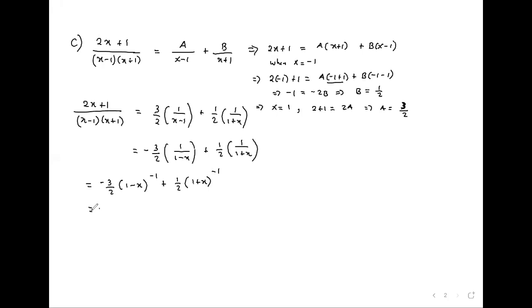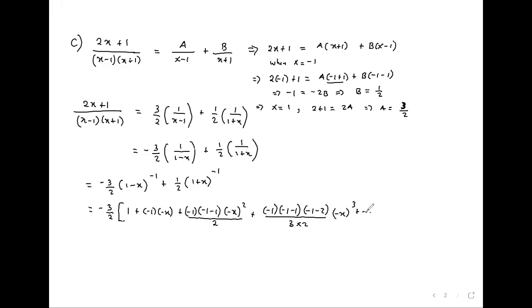So we have negative 3 over 2, open 1 plus negative 1 multiplied by negative x plus negative 1 minus 1 multiplied by negative x squared over 2 plus negative 1, negative 1 minus 1, negative 1 minus 2 over 3 by 2, that is 3 factorial, and then negative x to the power 3.